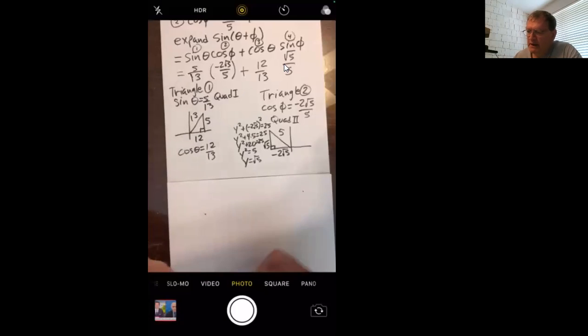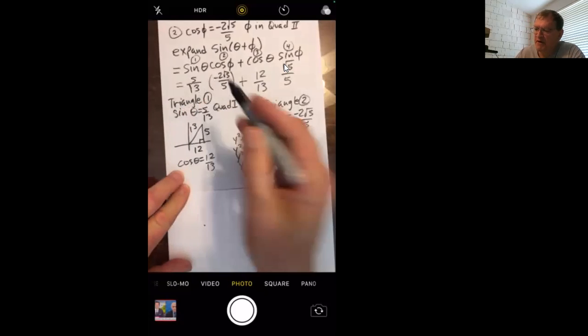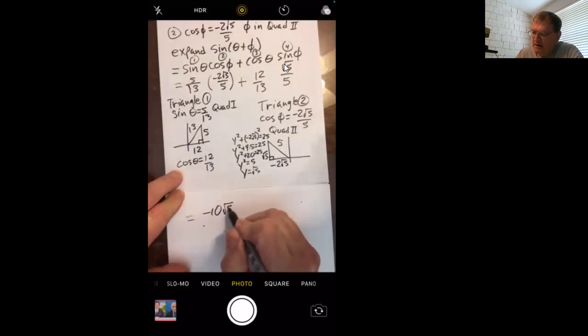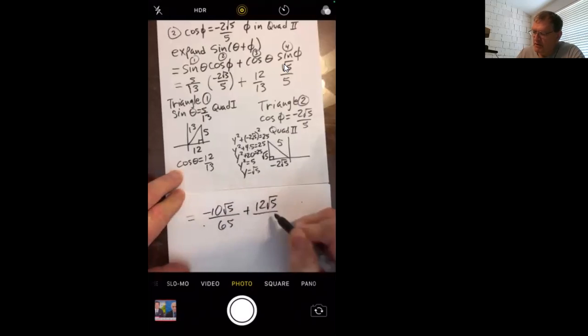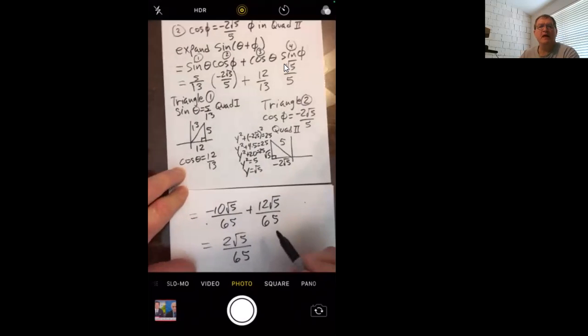Okay, so if we can clean up these pieces, it looks like you got a -2 times 5, -10√5/65, and 12√5, and those wind up being like terms, so that looks like 2√5 divided by 65.